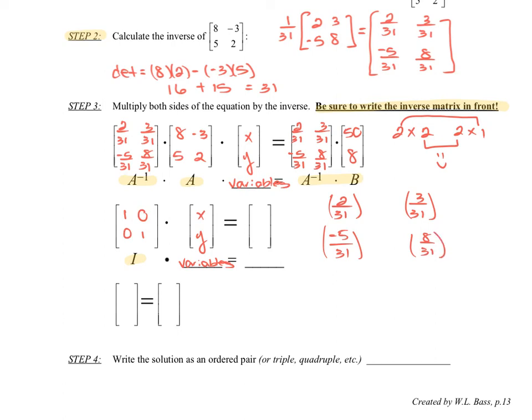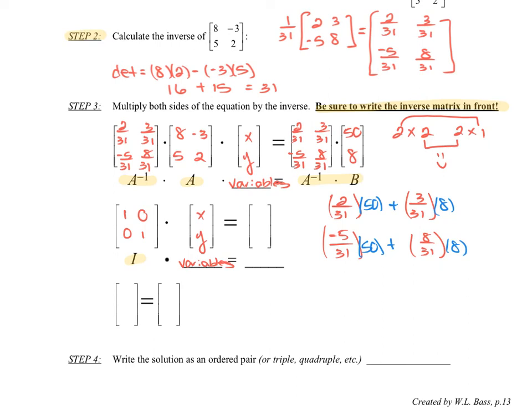Okay. Then I can go back and put my 50 and my 8 in here. I'm going to add those two products, my 50 and my 8, together.